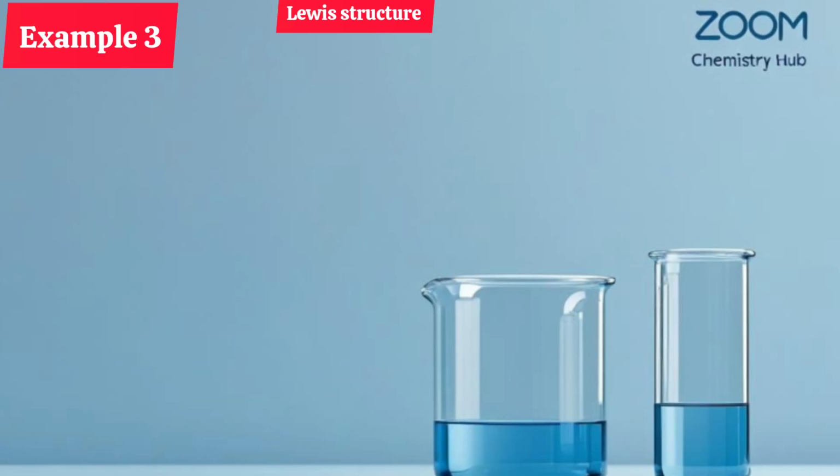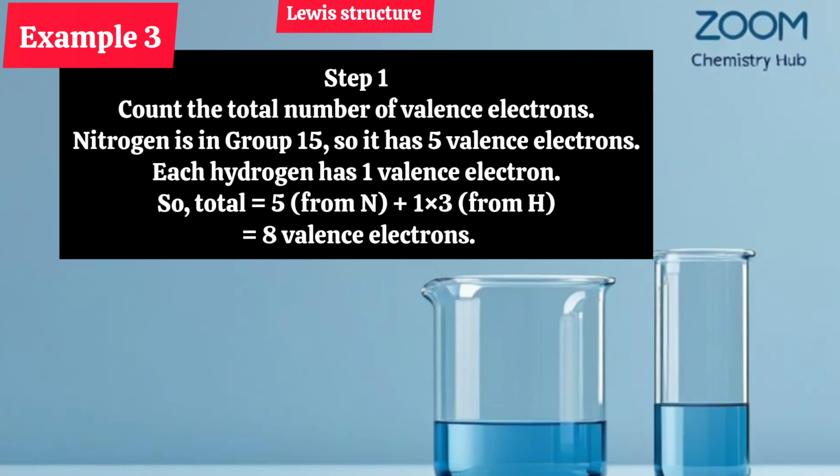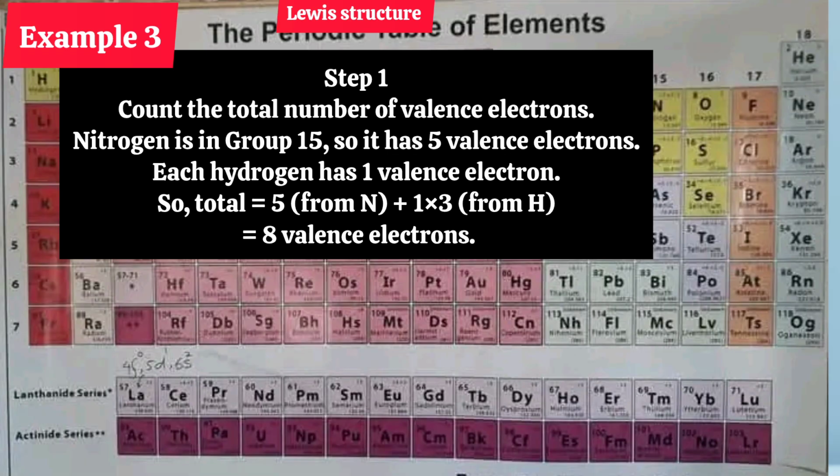We will take another example, the ammonia molecule, NH3. The formula of ammonia is NH3. First we will count the total number of valence electrons in the NH3 molecule. Here the element nitrogen is in group 15, so it has 5 valence electrons, and hydrogen belongs to the first group, so it has 1 valence electron.